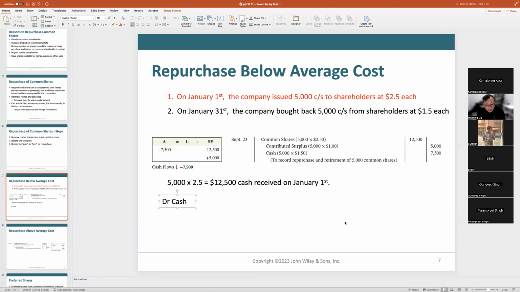Cash, and that's 12,500. And then if you want to increase the balance of equity, you credit, because the equity is on the other side of the accounting equation, right? So if I need to increase equity's balance, I go credit equity. This will be share capital, right?